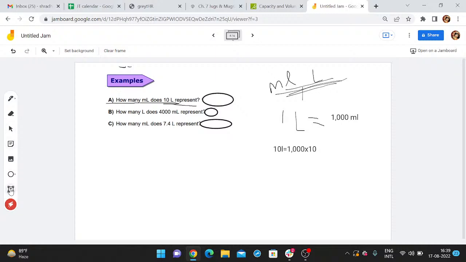So it is going to become 10,000. That means 10,000 milliliters, because we are converting liters to milliliters by multiplying it with 1000. So we get the answer 10,000 milliliters.